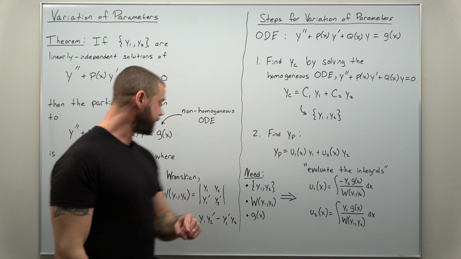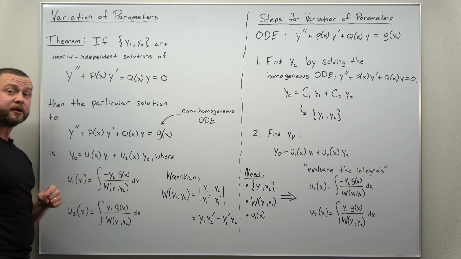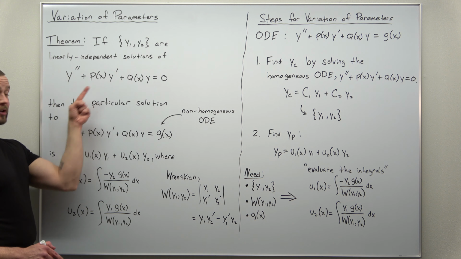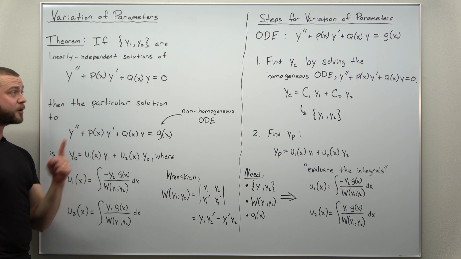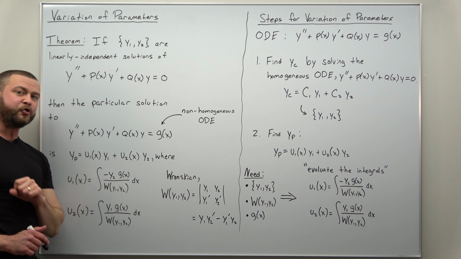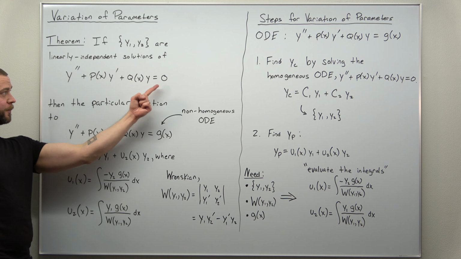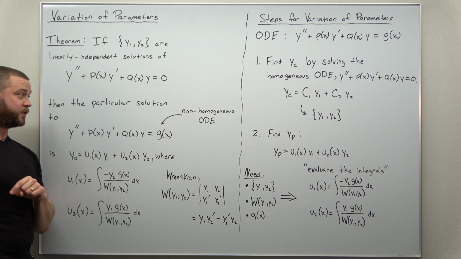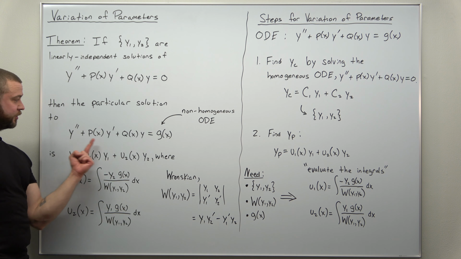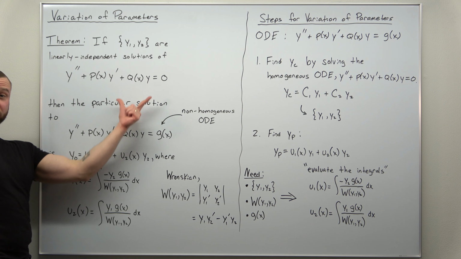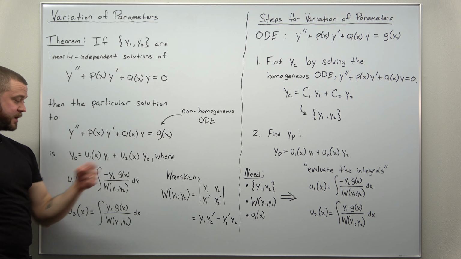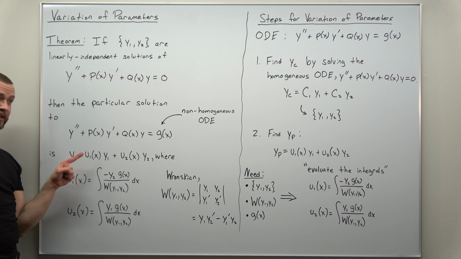So the basic theorem here, which you can use for your entire differential equations course, even when you get to non-constant coefficients, says if you first have linearly independent solutions, y1 and y2, to this homogeneous ODE, how we find a particular solution to pretty much the same differential equation, just now a non-homogeneous ODE, is we have a solution of this form.